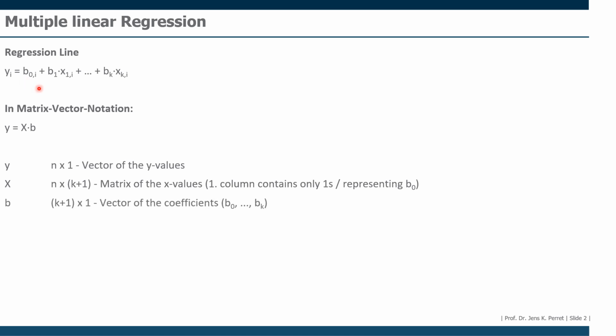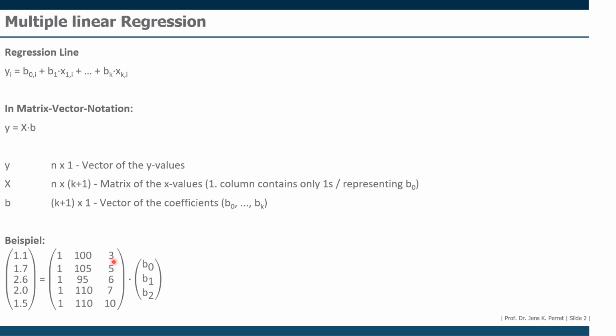Finally, b is the vector of coefficients, the one we want to actually determine here. So in other words, we simply have to take this system of equations and find the solution which leads to the best fit.